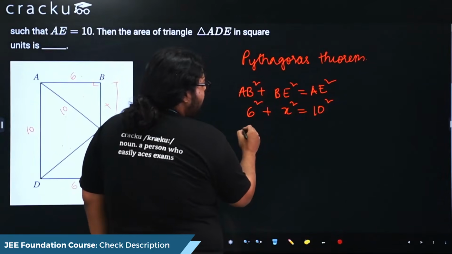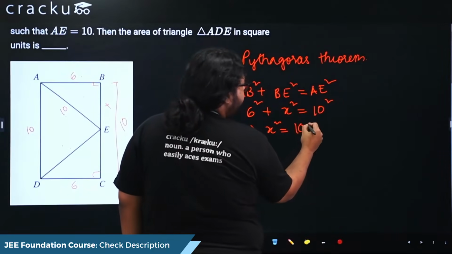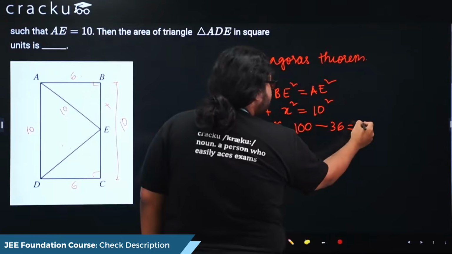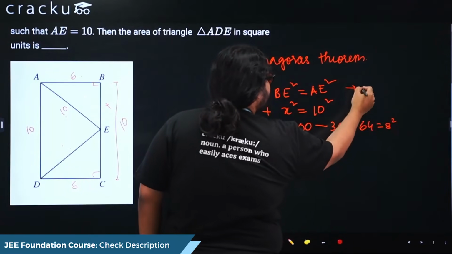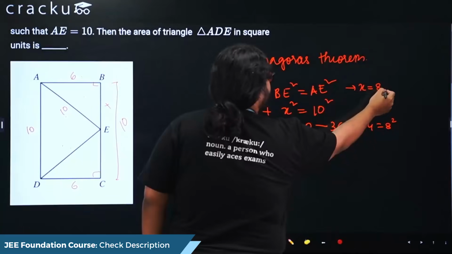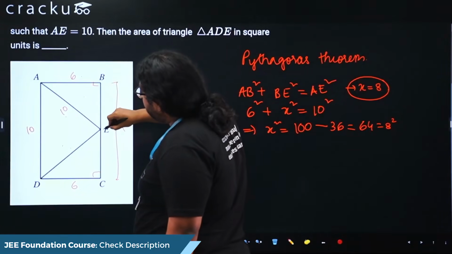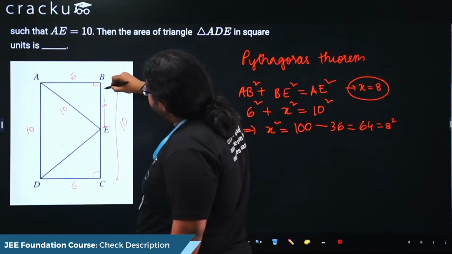If you don't know, you can still solve this and say x square is basically 10 square, which is 100, minus 6 square, which is 36. 100 minus 36 is 64. 64 is 8 square. So basically x is equal to 8. If x is equal to 8, that means BE, this length, is 8.